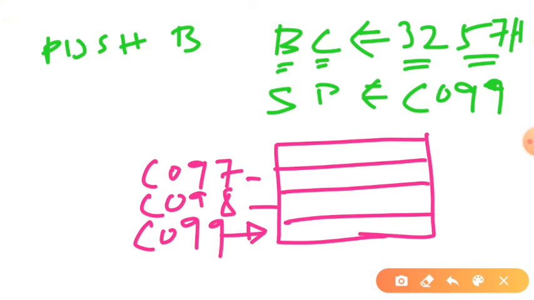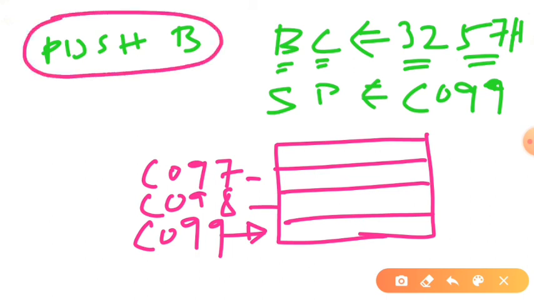Once the microprocessor executes this push B instruction, it will start with storing the MSB. When we store something in the stack, we first store the MSB, because while storing something in stack memory, we always decrement the corresponding address.